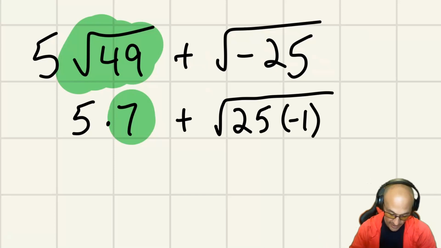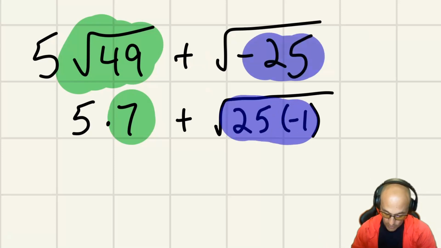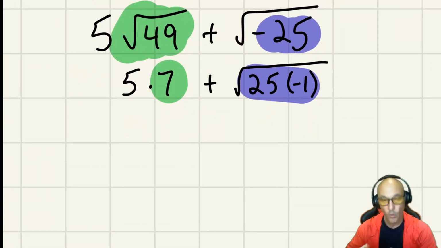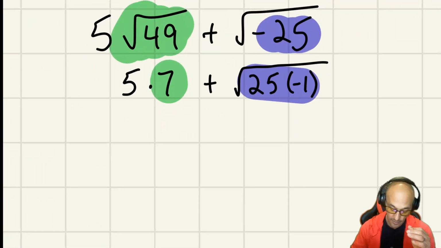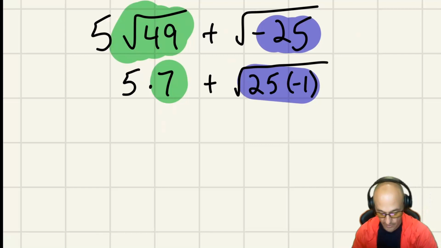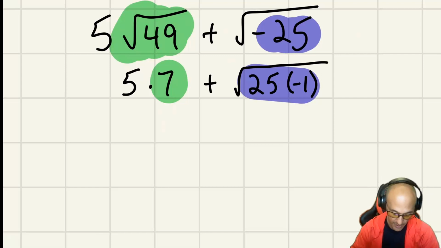So I just took that -25 and I broke it apart into 25 times -1. And the reason why I did that is so that we can then break this square root apart into 2 separate square roots. Because we have multiplication here, and that's all there is, just multiplication, we're allowed to do that.